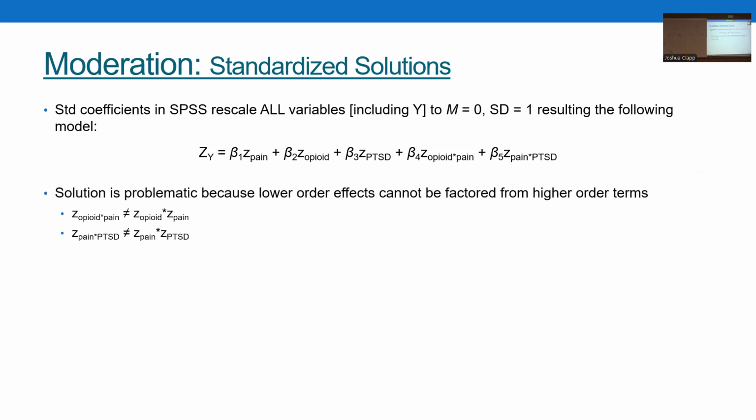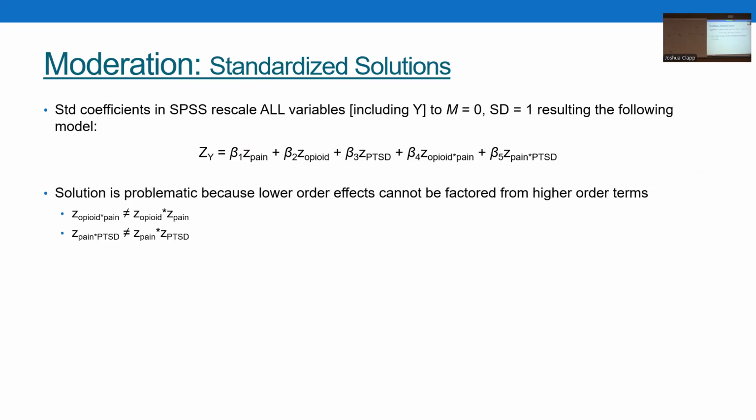The problem is that when SPSS does this, I can't unfactor these, right? I can't restructure this equation. I can't get these back into their component parts, because SPSS took the z-score of that product coefficient. And the z-score of your product term isn't the same thing as the product of your z-score for opiate use and your z-score for pain, right?